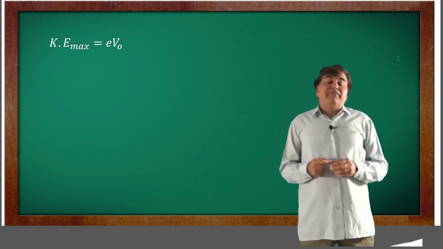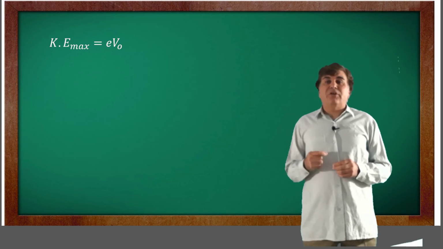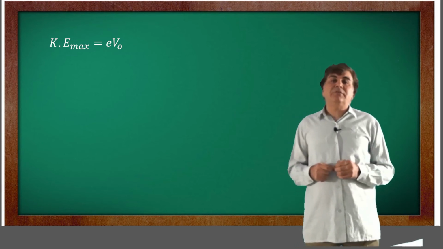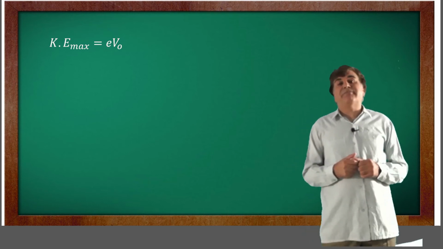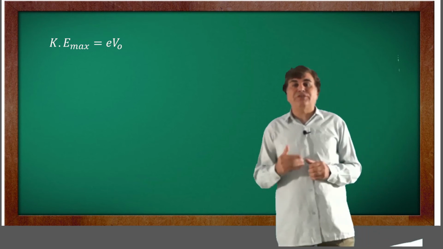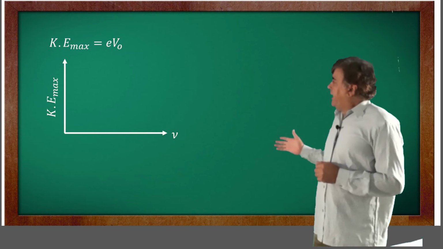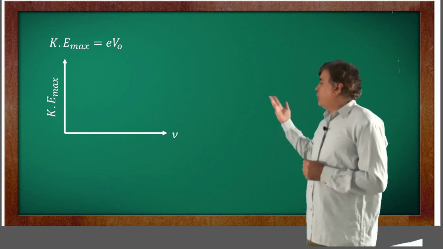If the emitter is illuminated with lights of different colors or different frequencies, and the corresponding stopping potential or maximum kinetic energy are plotted against the frequencies of incident light used, a plot like this one is obtained. This obviously shows a linear behavior between the plotted quantities.